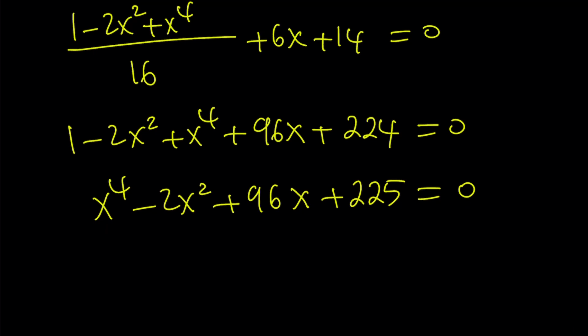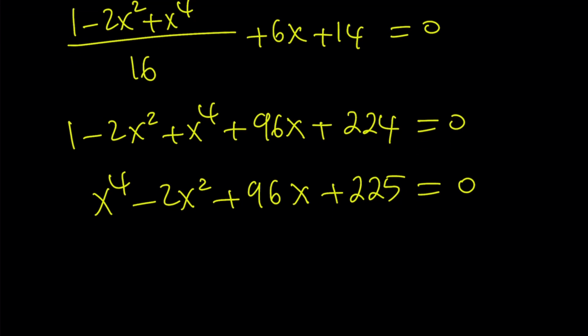Well, here's the thing. I might end up finding a rational solution, right? I mean, that's a possibility, isn't it? But how do I check? There's something called the rational root theorem. And this is how it works. You look at the constant coefficient, and then you check its factors or divisors.